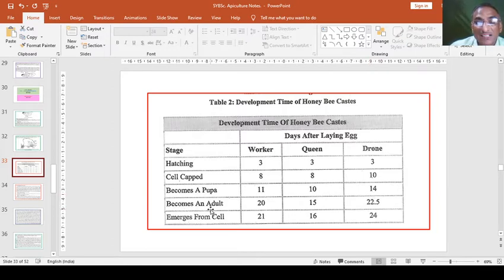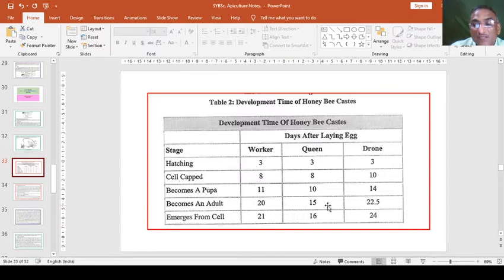Becomes an adult: worker bee after laying eggs becomes adult in 20 days, queen becomes adult in 15 days and drone takes 22.5 days to become adult. Then they emerge from the cell.